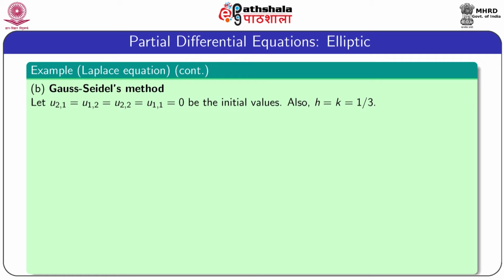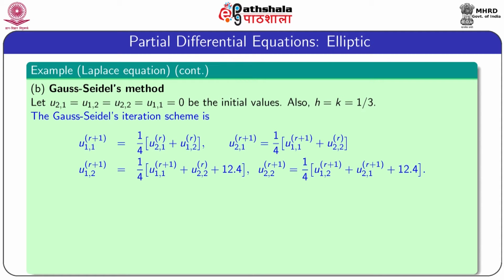Now we consider Gauss-Seidel's method. In this case also the initial values of u21, u12, u22 and u11 are taken as 0, and also h equal to k equal to 1/3. The Gauss-Seidel's iteration scheme is given by these 4 equations for u11, u21, u12 and u22.